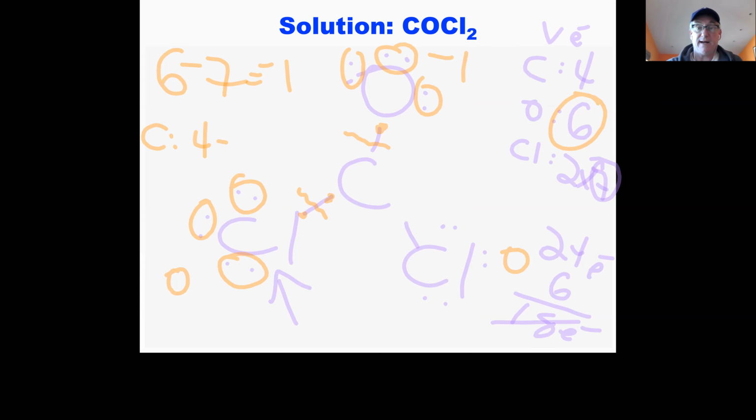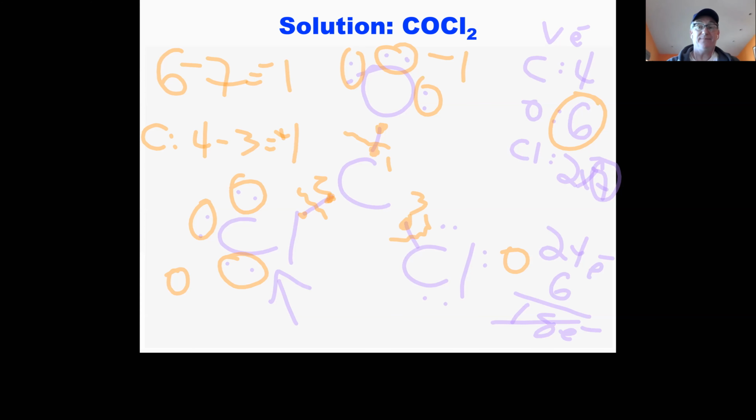It's got 1 from that bond, 1 from that bond, and 1 from that bond, so 1, 2, 3. So the charge on the carbon is +1. This is an unstable situation. I've got a central atom with a positive charge and a peripheral atom with a negative charge. That's not stable.